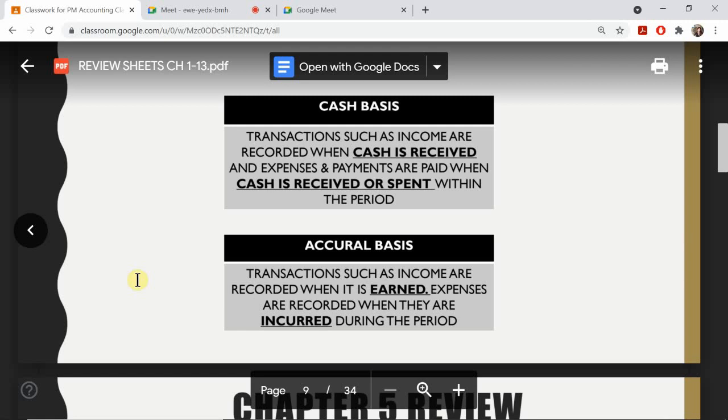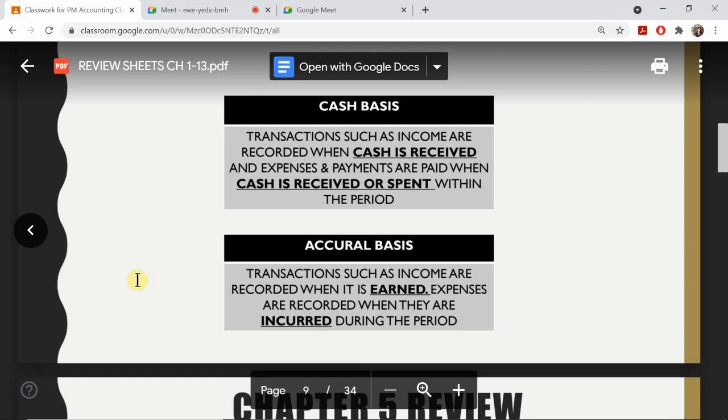So if something has been sold or a job or service has been completed, that's considered something you've earned. You've earned your revenue, so you're going to record it regardless of whether you receive cash or not. Same thing goes for expenses. You will record the expense as soon as it occurs, whether you had a job completed for you or you had to purchase something.